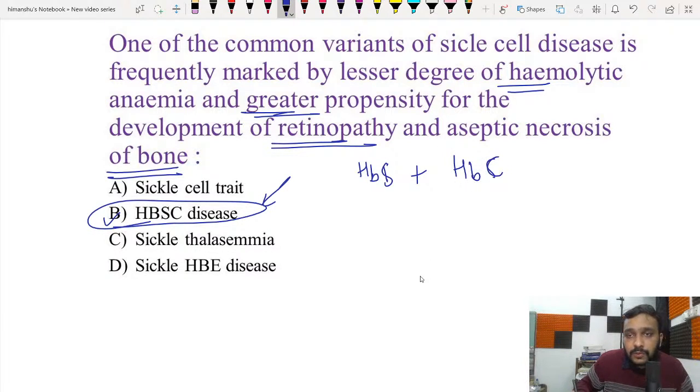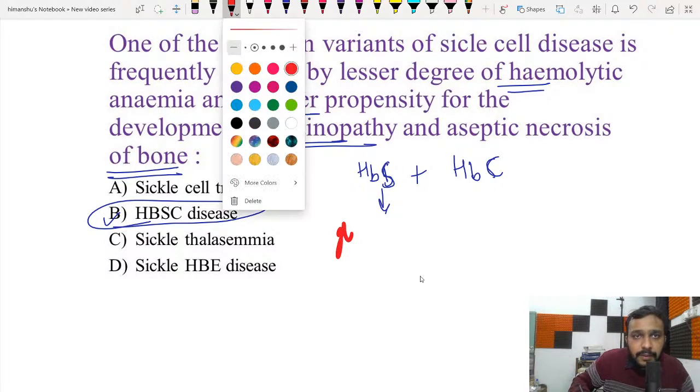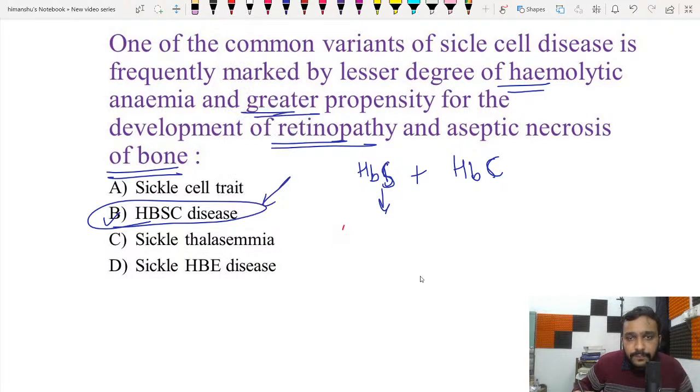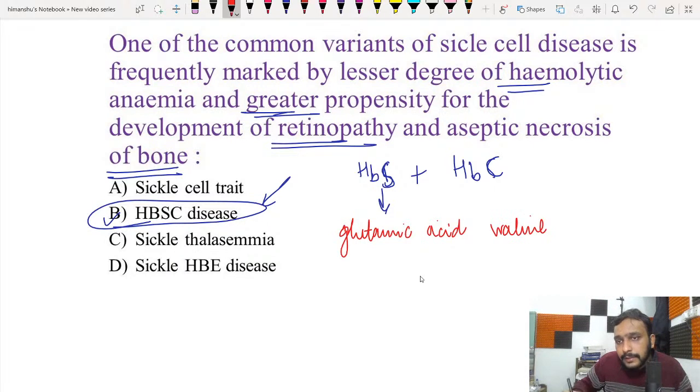Let us first discuss what is the mutation seen in hemoglobin S. The glutamic acid is replaced by valine at the sixth position of the beta chain.